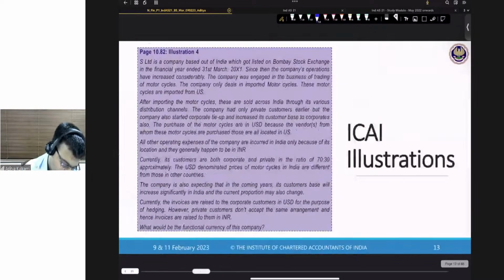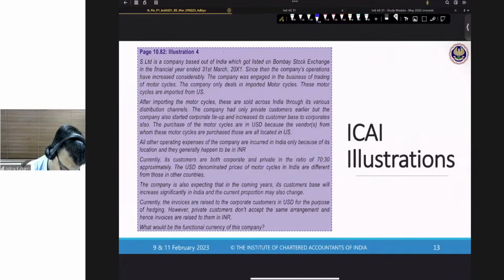And I want you to do illustration 4 also for homework. It's largely theory, there are no numbers. So because there are no numbers, I want you to do these questions and try to understand what is the functional currency.